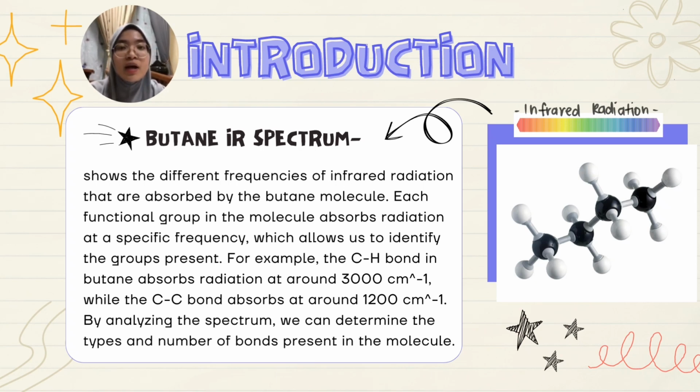In the IR spectrum of butane, it is possible to identify and characterize the functional groups and molecular structure of the compound. Each functional group in the molecule absorbs radiation at a specific frequency, which allows us to identify the group present.